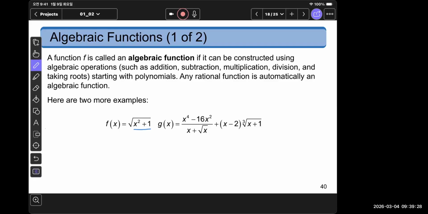If I take the square root, you get an algebraic function f. Or if you consider the square root of x and then add x, you get an algebraic function. And if you divide one polynomial by another algebraic function, that will also be an algebraic function. So these are all examples of algebraic functions.